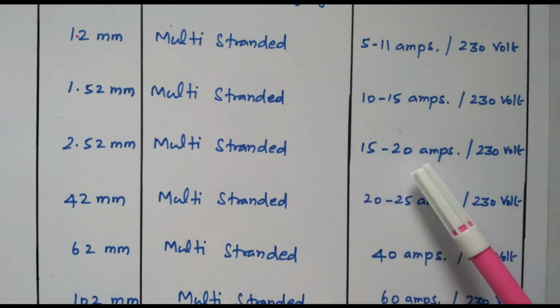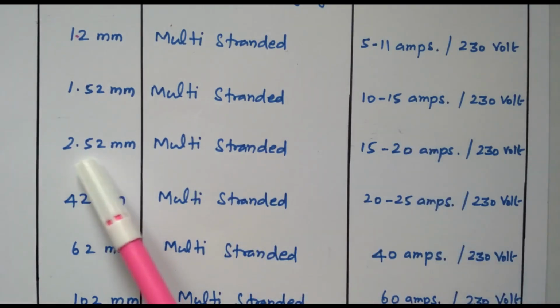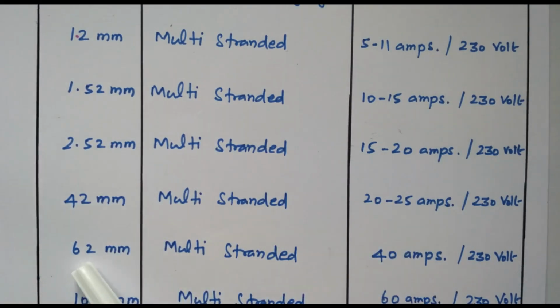Suppose we want a wiring of 20 ampere, we need to choose the 2.5, or if we need 40 amperes total capacity, we can choose the 6 millimeter. So these are all the standard sizes available in the market.